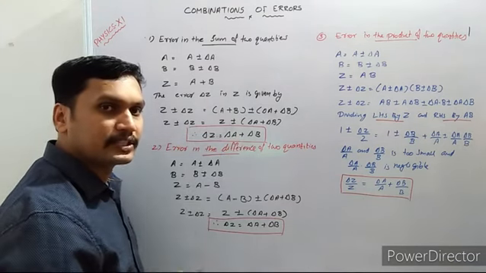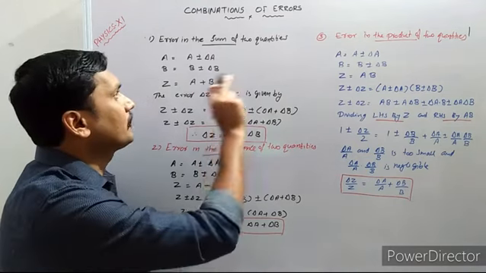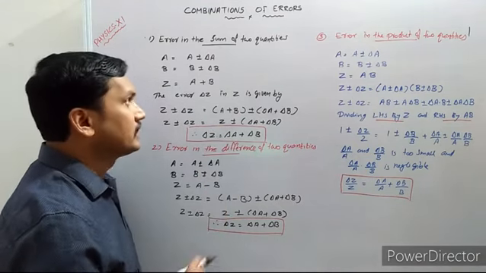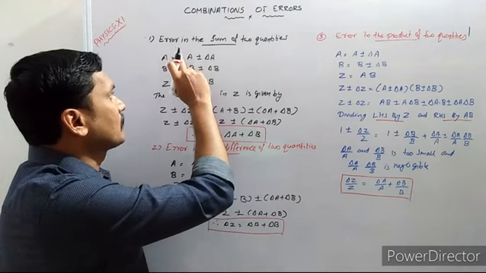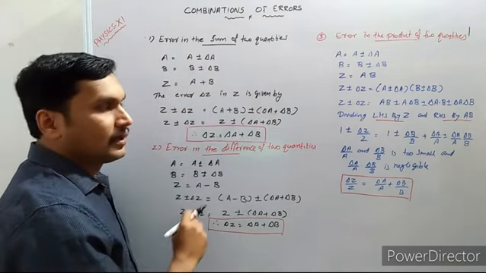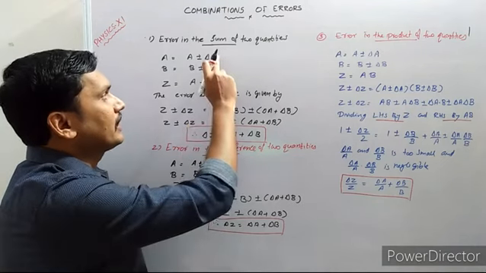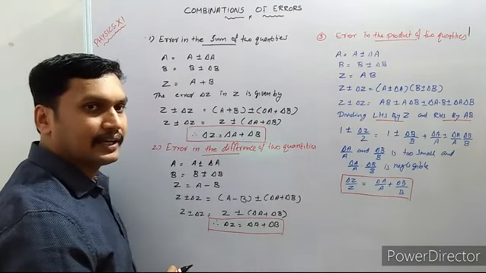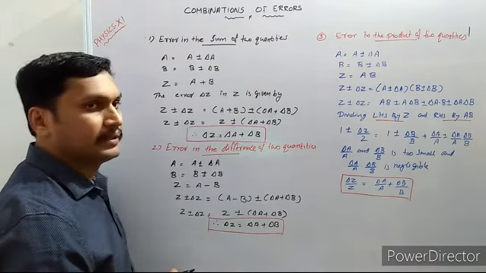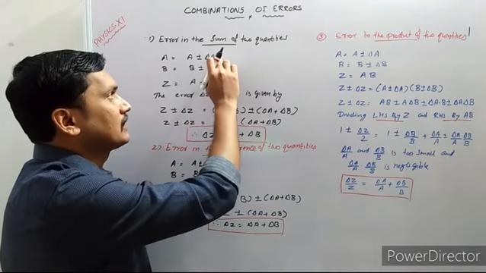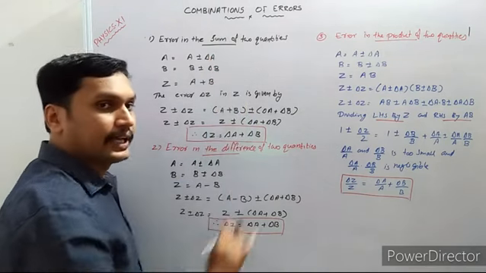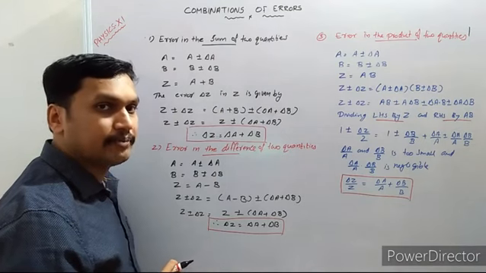What is the maximum possible error in the sum of two quantities? For that, we measure two physical quantities A and B. There are errors in A and B. Let us say delta A and delta B are the errors in A and B. They are the absolute errors.